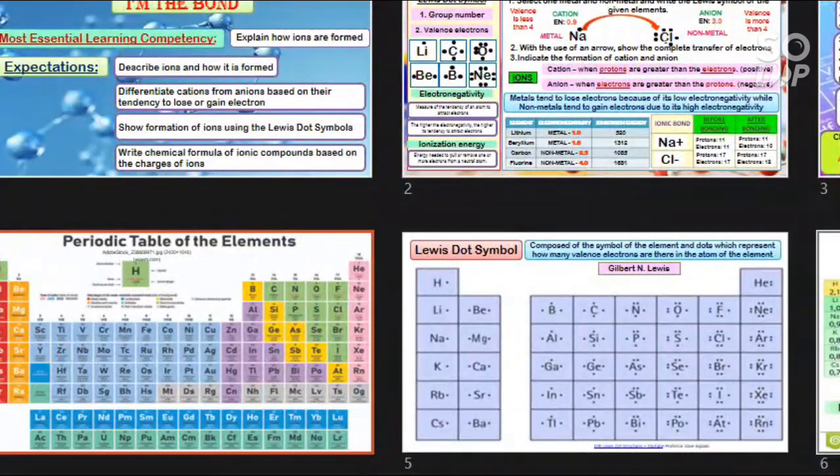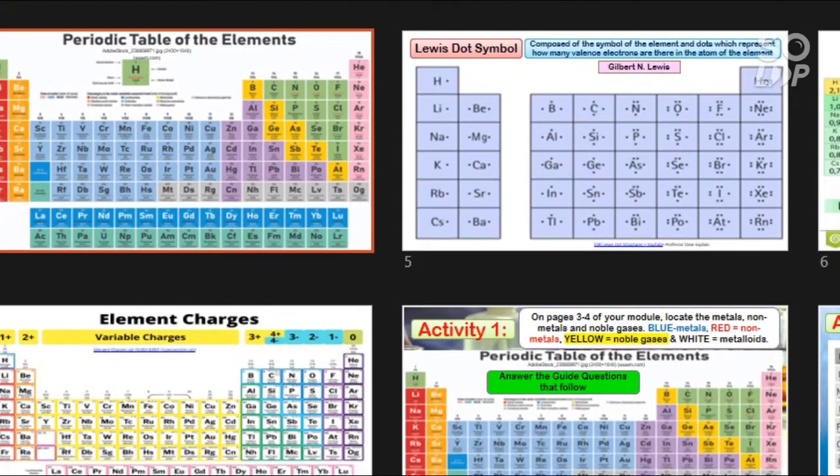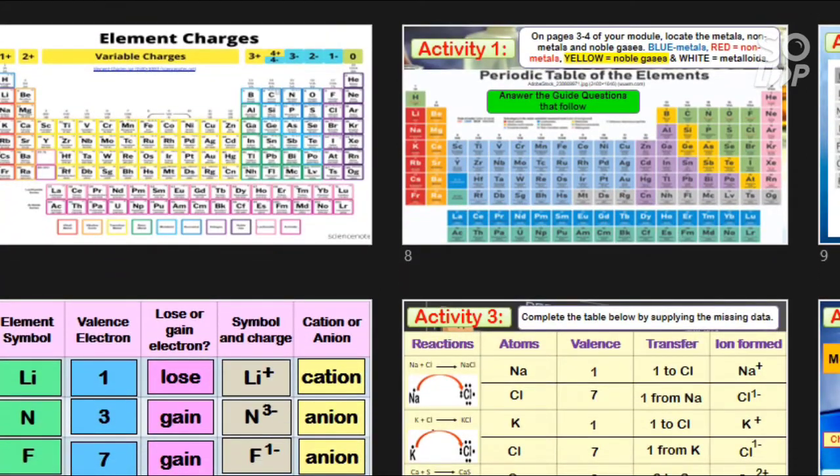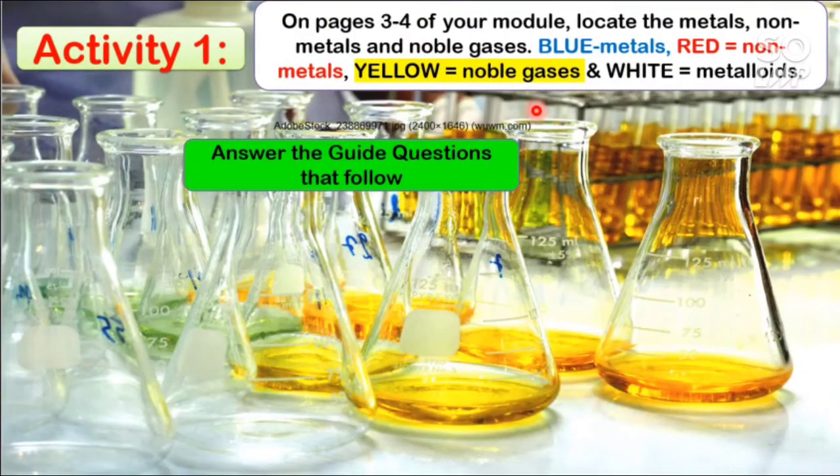So the lesson for module number 3 is done, but I want to clarify how you are going to answer your activities 1, 2, 3, 4, and the understanding post test.